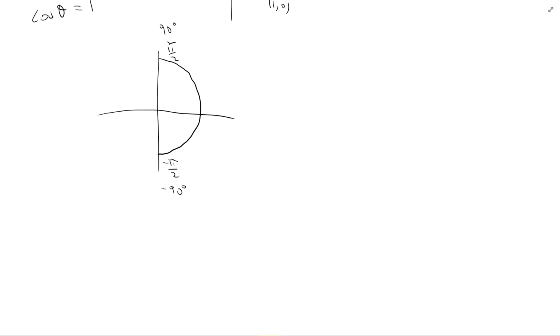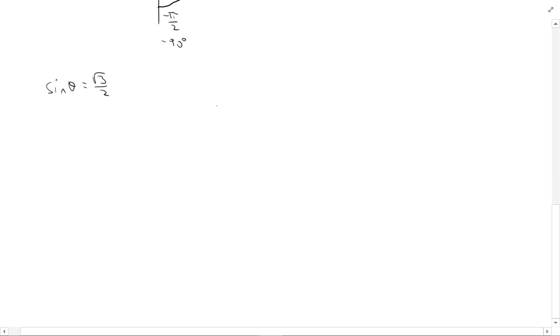Now, if I say sine of theta is equal to root 3 over 2. Let's look at our unit circle and see where does sine of theta equal root 3 over 2. Well, if you look at it, this point right here is 1/2, root 3 over 2, and this point right here is -1/2, root 3 over 2.